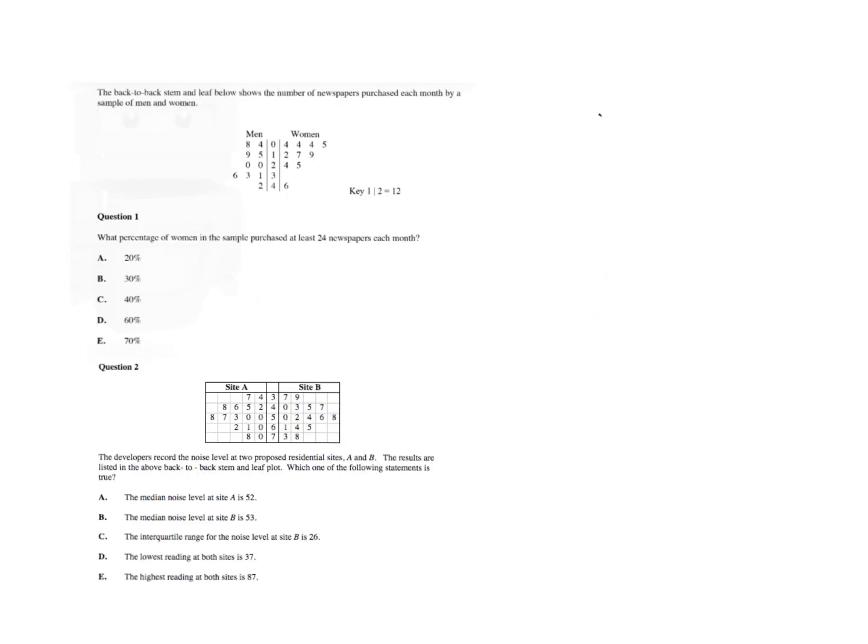Let's have a look at these questions. A back-to-back stem and leaf plot shows the number of newspapers purchased by month by men and women, and they've given a key. So what percentage of women, so they want just the women, so you have to be careful there, because when we write our formula, amount out of total times 100, the total is actually the total women.